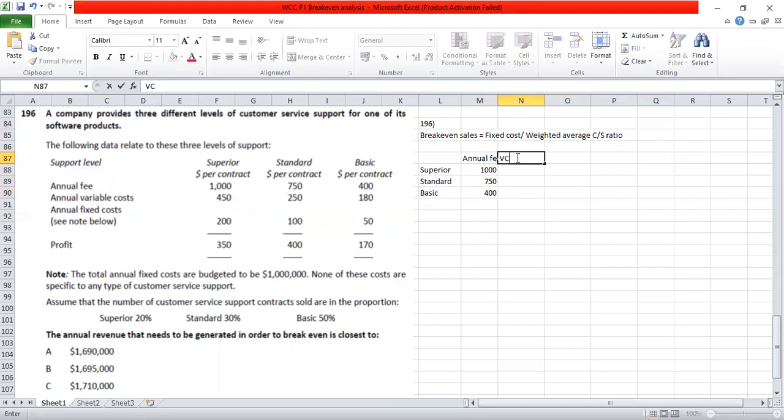Variable cost is also given: 450, then 250, then 180. Then contribution.